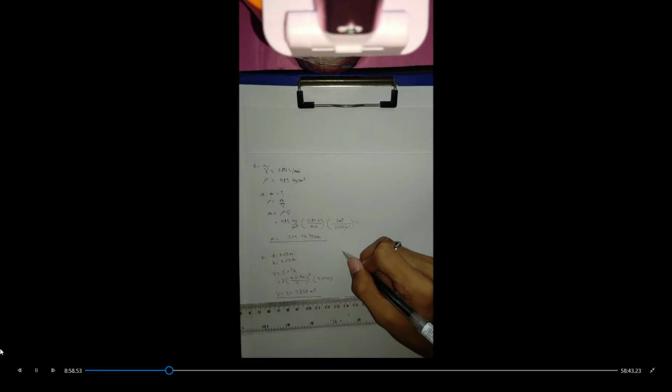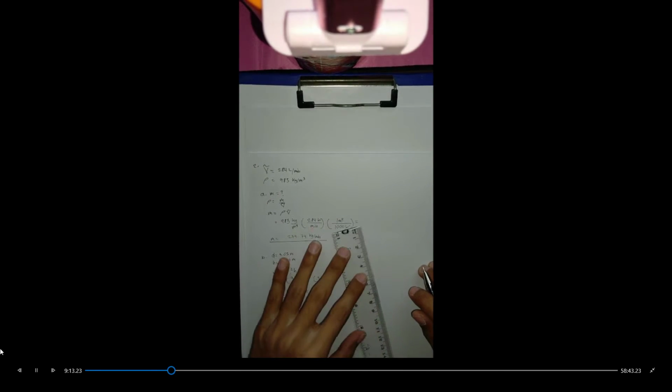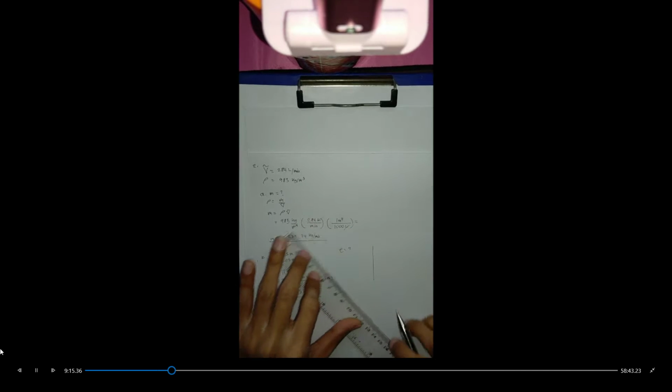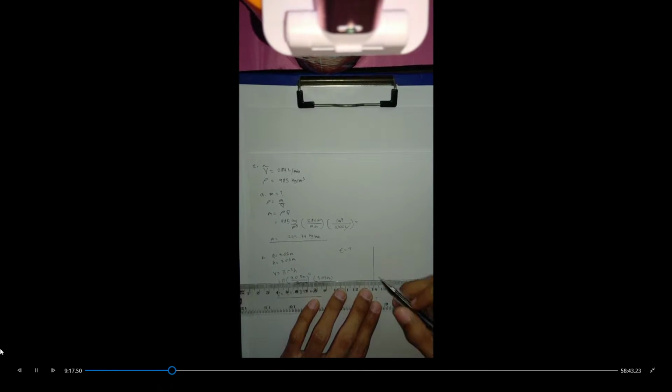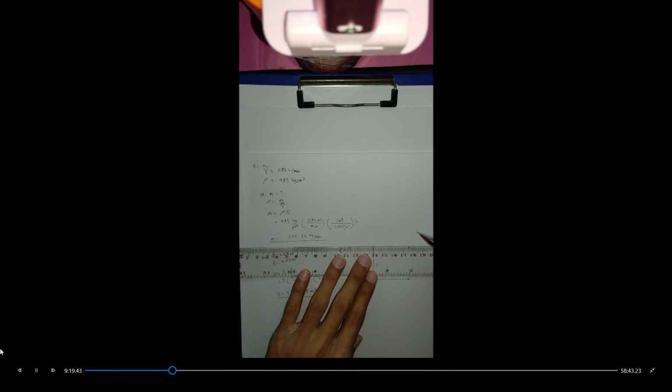And then the question is, how would we be able to determine the total amount of time required to fill the vertical tank? By dimensional analysis and analysis of units, we know that volume flow rate... so let's draw the tank. Let's say this is the tank, just like that.